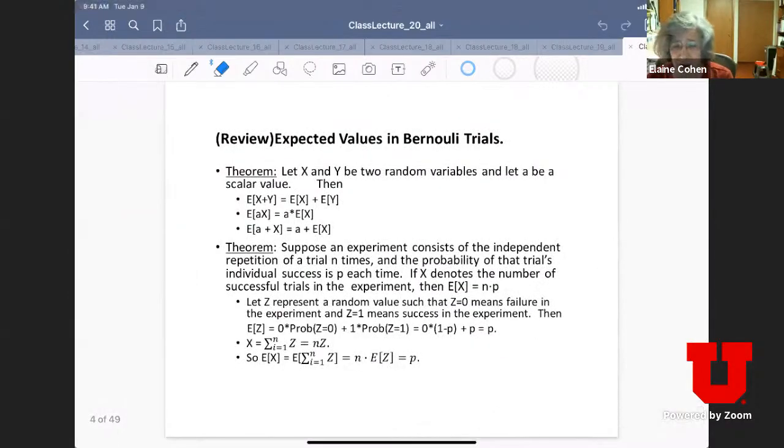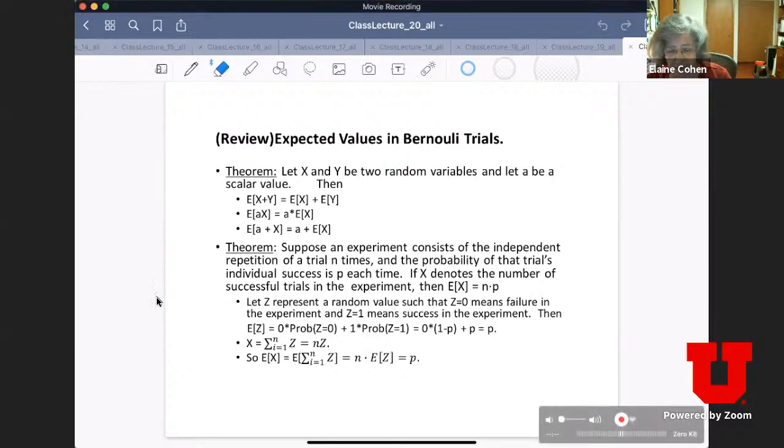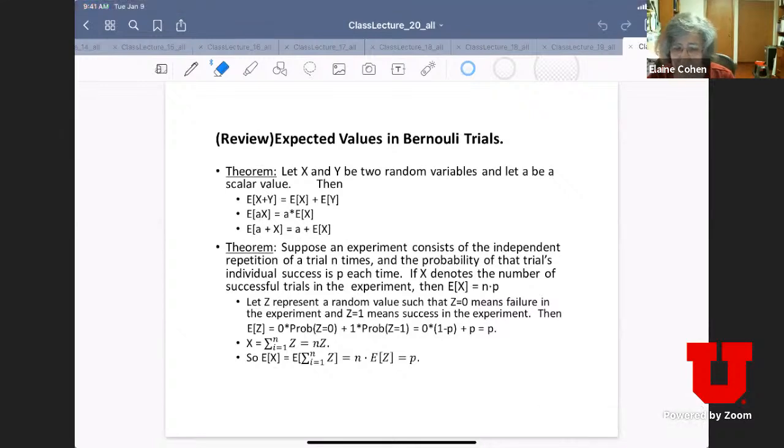Now, in Bernoulli trials, each trial is an independent experiment. We have all sorts of rules, but the bottom line of it is that if z is a random variable such that z equals 0, and z equal 1 means success, and there's success with probability p, then the expected value of z is 0 times probability z is 0 plus 1 times probability z equal 1, which gives you p.